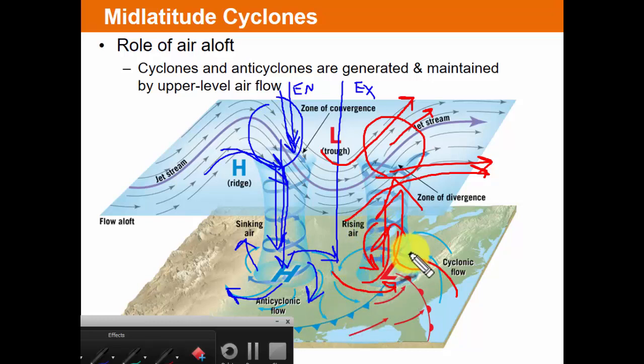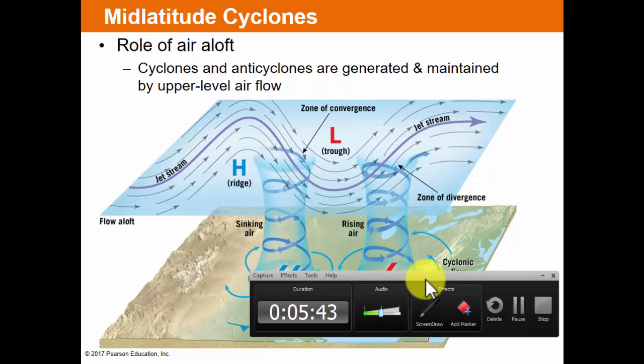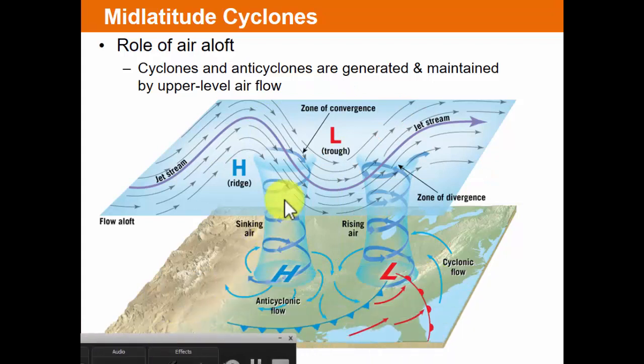Inward and, check that, inward and counterclockwise. So ultimately, it is these zones of convergence and divergence aloft that create the vertical motions that create high pressure at the surface and low pressure at the surface.